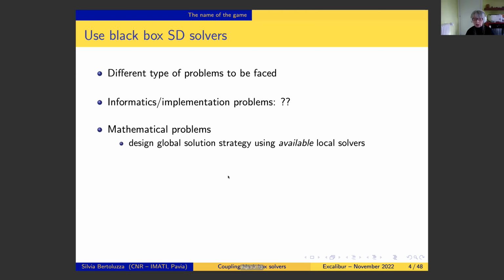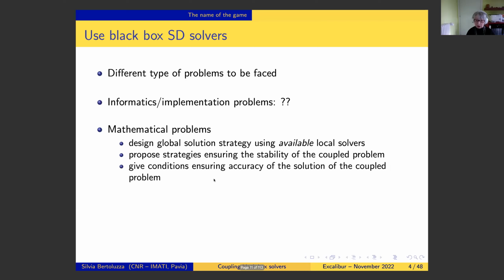So you have these local solvers for your small problems, and you want to design a global solution strategy using the available local solvers. You want to propose strategies that ensure the stability of the coupled problem, to give conditions ensuring accuracy of the solution of the coupled problem, and we'll see what I mean. Of course, you would like it to ensure scalability.